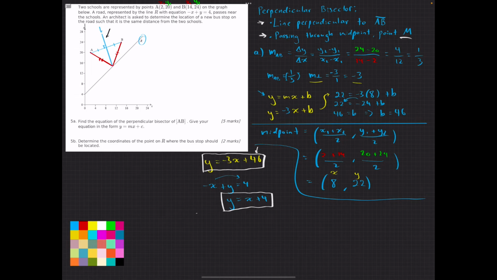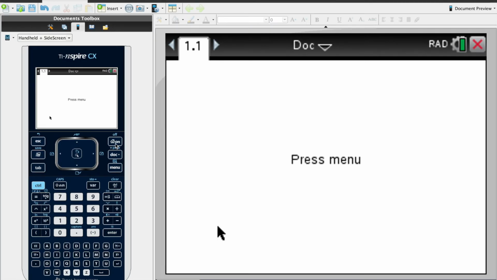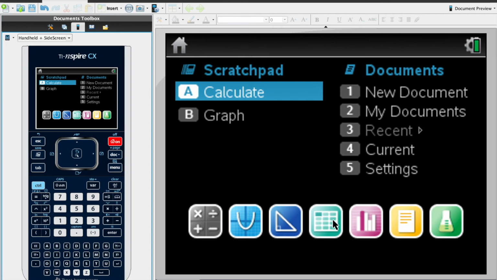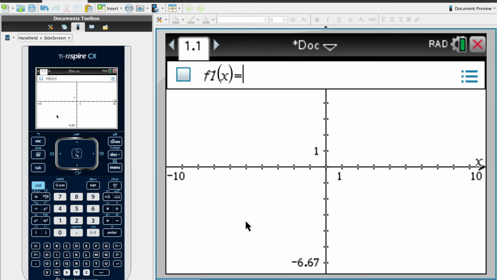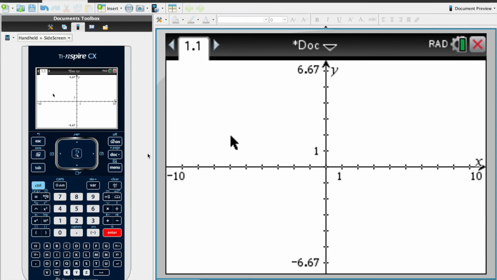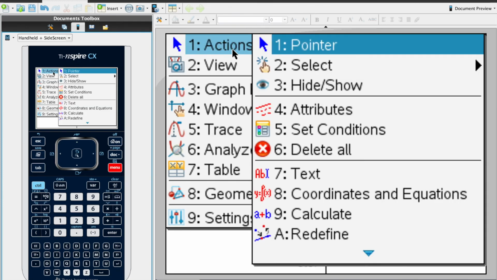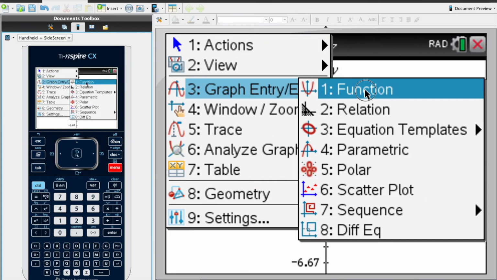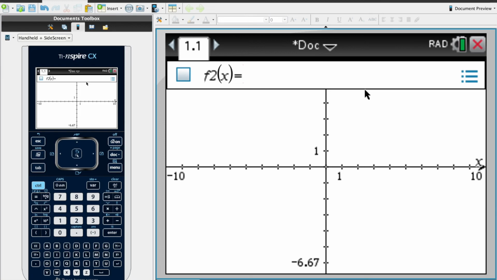Okay, so let's look at this. I think we're good actually. In this case we want to graph this, and we will have one line that's negative 3x plus 46, and then menu, graph entry, graph another function, and it's y is equal to x plus 4.